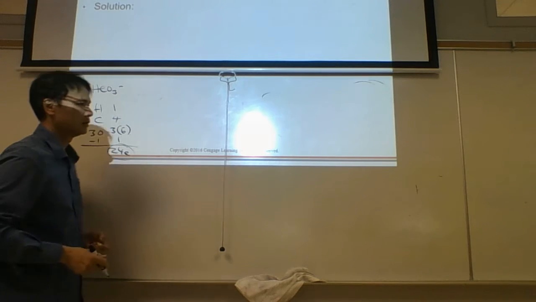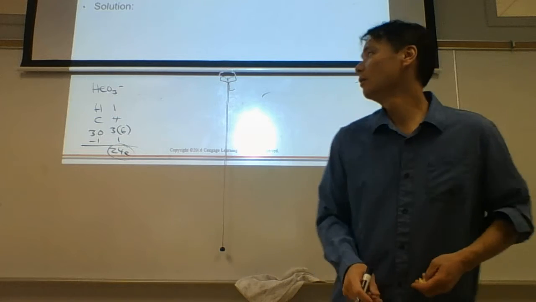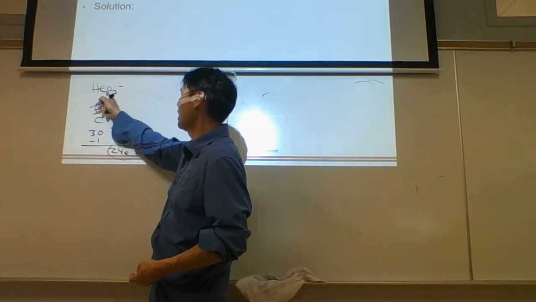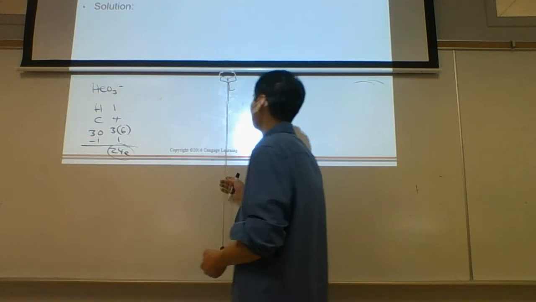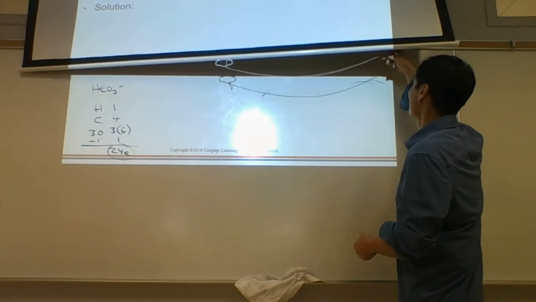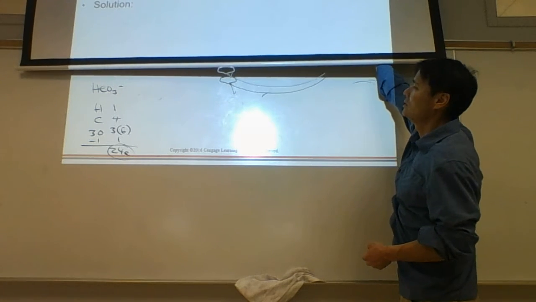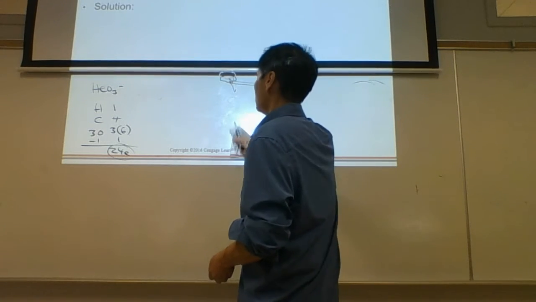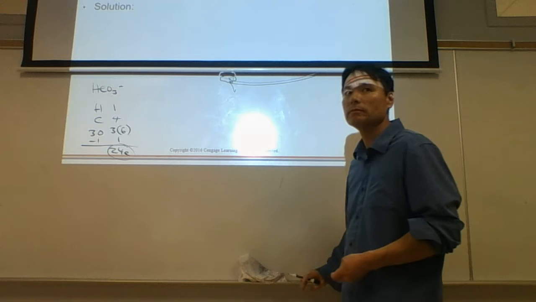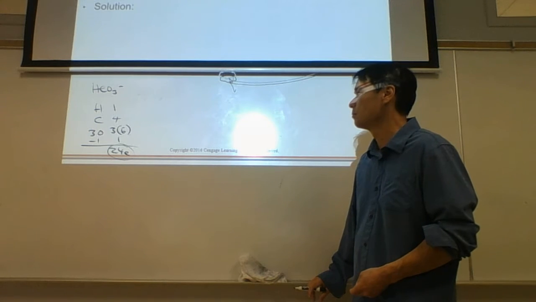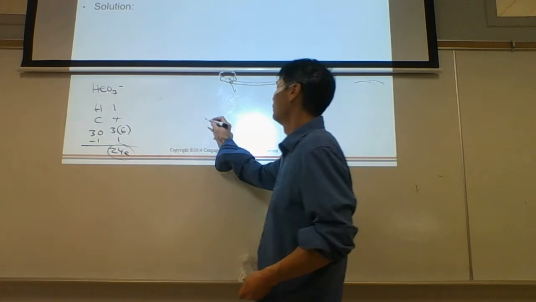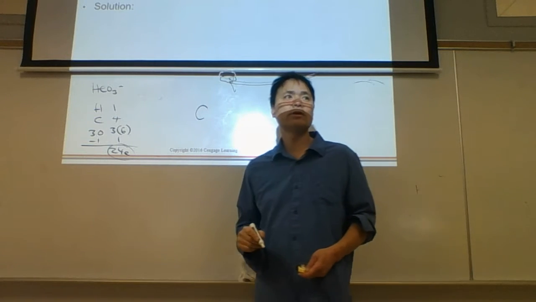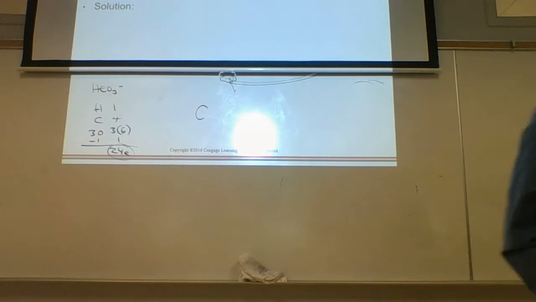24 electrons. Then we're going to put the least electronegative atom in the center. Which one's the least electronegative? It's not always, but in general, the least electronegative goes in the center, which in this case would be hydrogen. Hydrogen should go in the center, except there's a problem with putting hydrogen in the center.